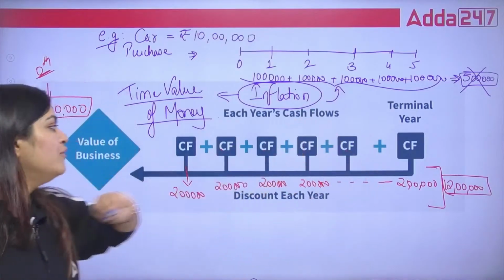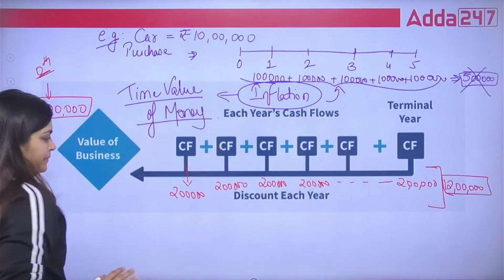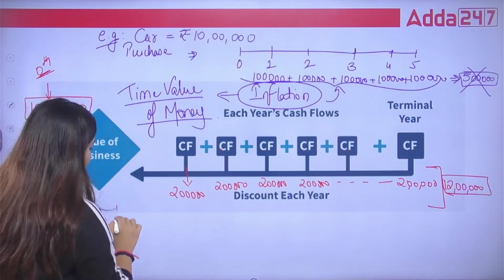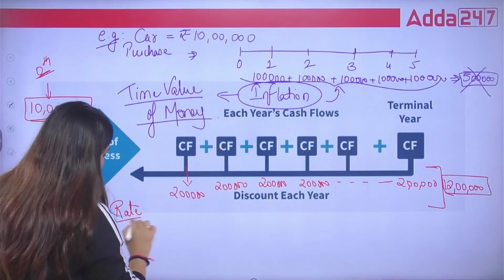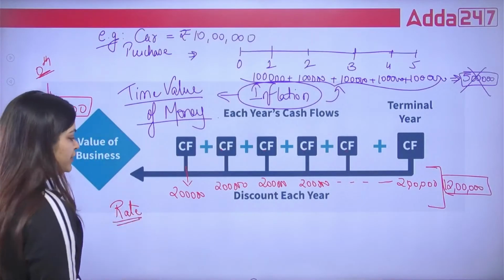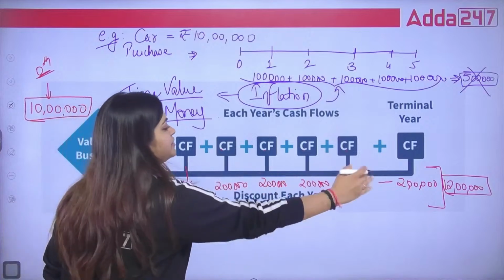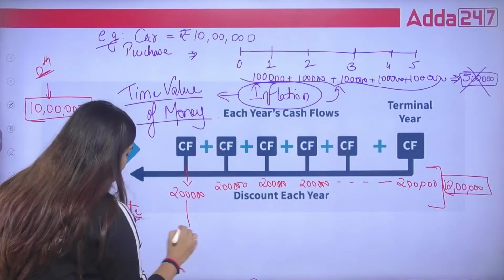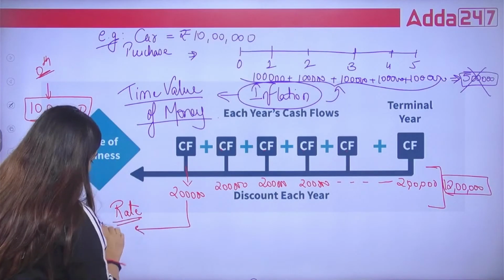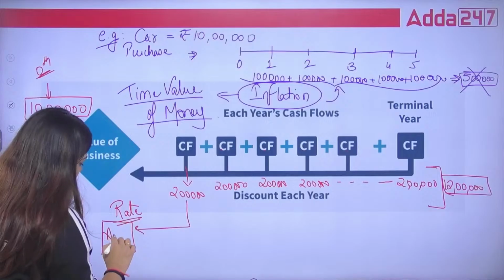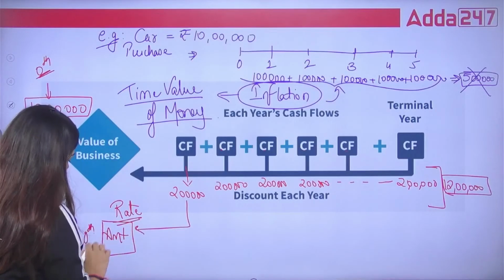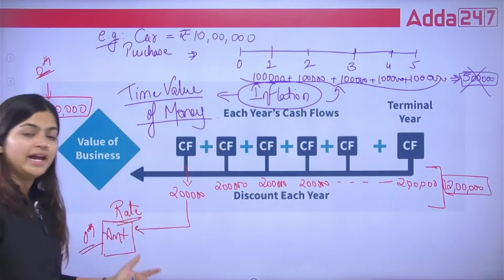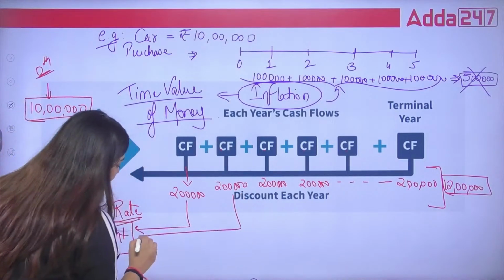Yes, so now when we are using this time value of money, we are going to use one rate here, and whatever future incomes we are generating, we are going to discount it, and we will calculate the amount for your 0 time period. Yes, we will add all your future incomes by applying one rate, and we will calculate today's amount.